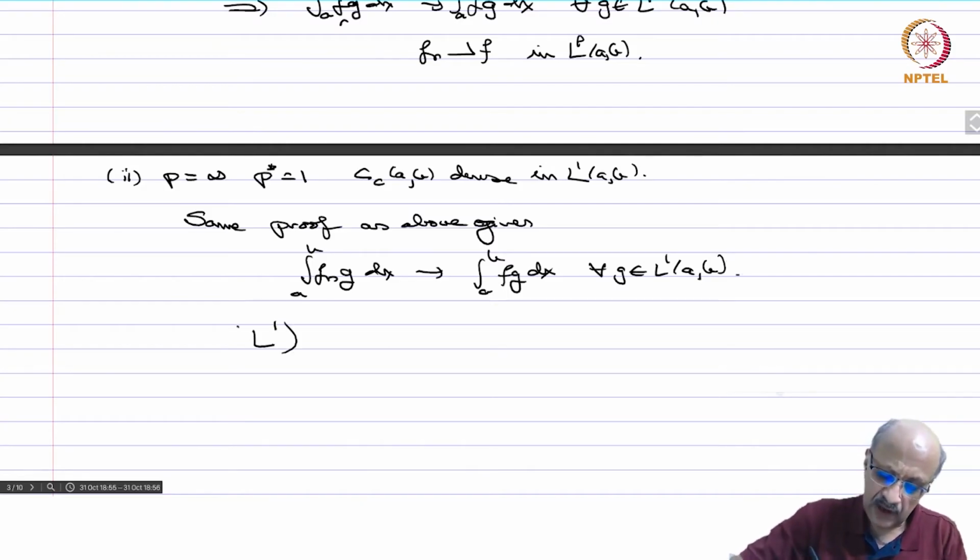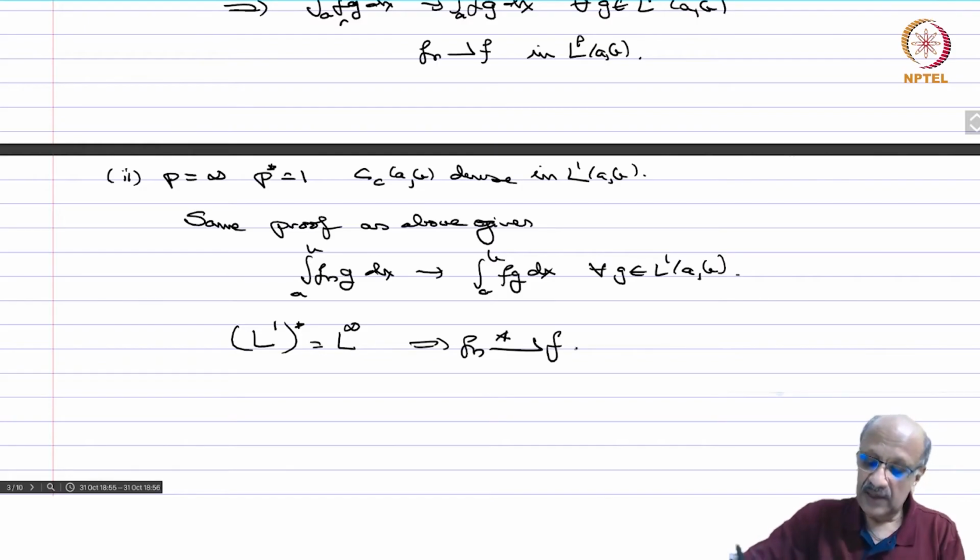Recall that L1 star is L infinity, and therefore Fn is in L infinity, now a sequence, and if this happens in the pre-dual space, then this implies that Fn goes to F in weak star. So this is the characterization we had, and therefore we have this. Okay, 17.